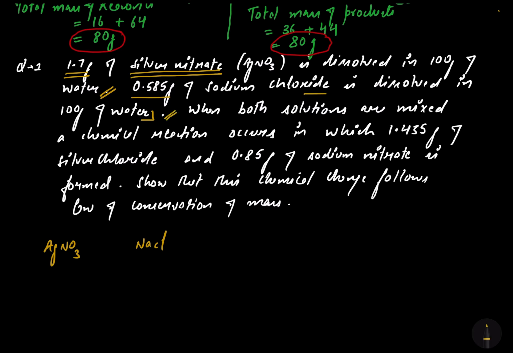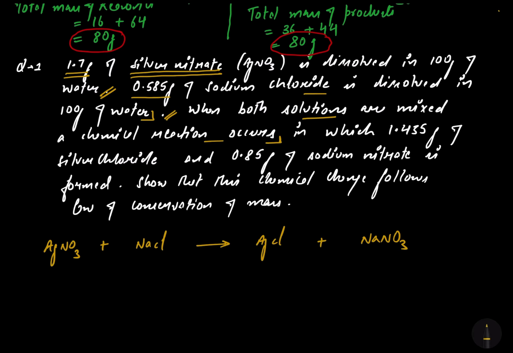Now after that the question is saying when both these solutions are mixed, a chemical reaction occurs. So what's that chemical reaction? Like AgNO3 plus NaCl, they react to form AgCl plus NaNO3.